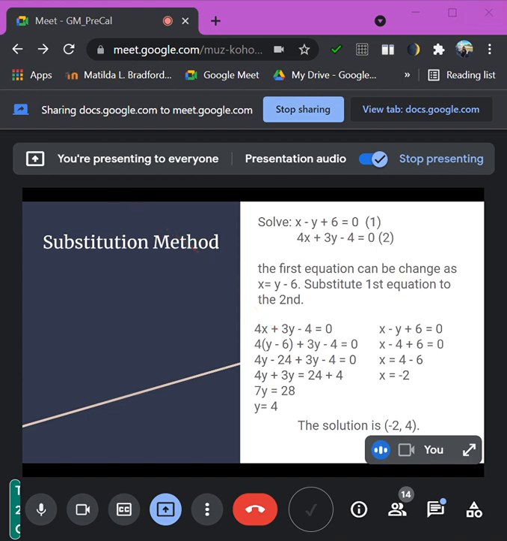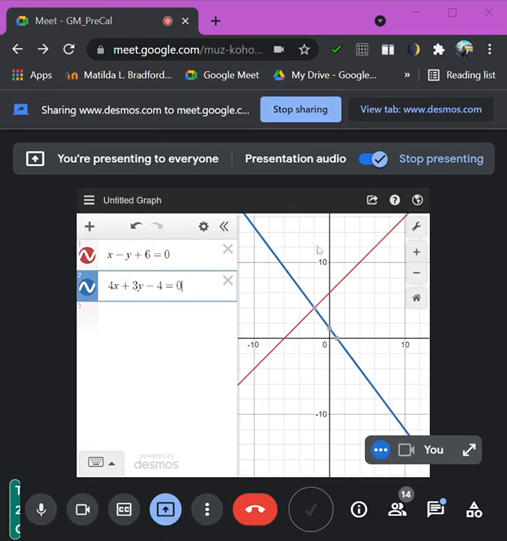So, you will have there sa Desmos. You know Desmos naman, no? Gi-introduce na ko last time. So, if we are going to graph that in our Desmos, as you can see sa akong gi-share, you have there akong gibutang ang x minus y plus 6 is equals to 0, and then 4x plus 3y minus 4 is equals to 0.